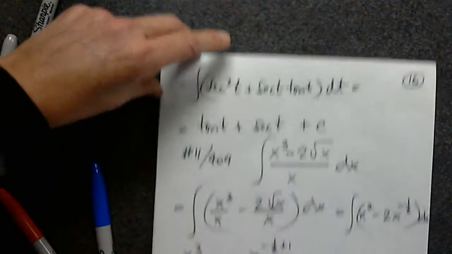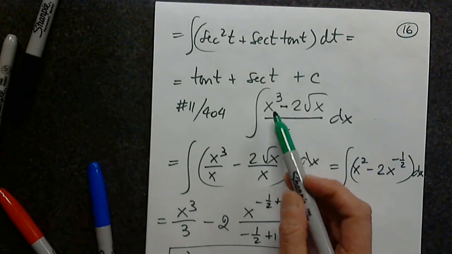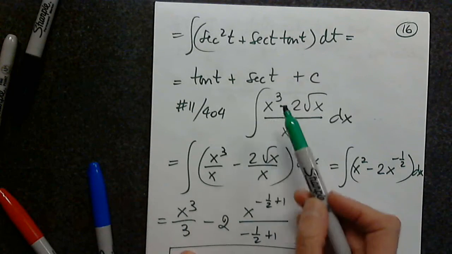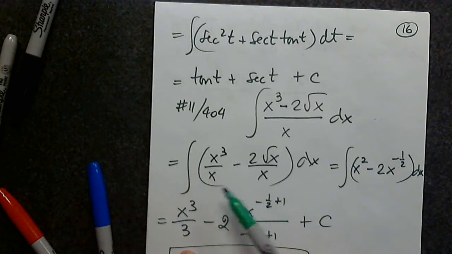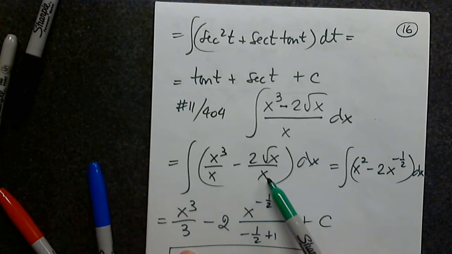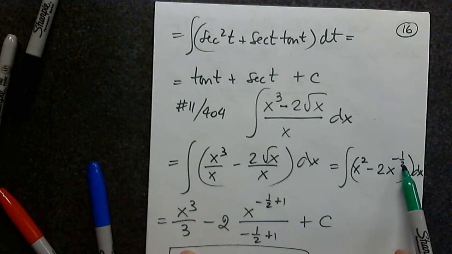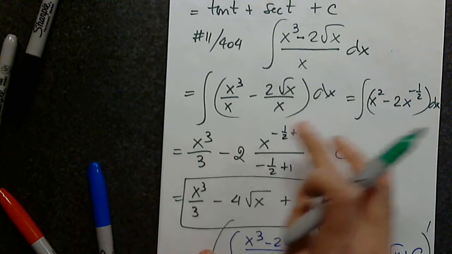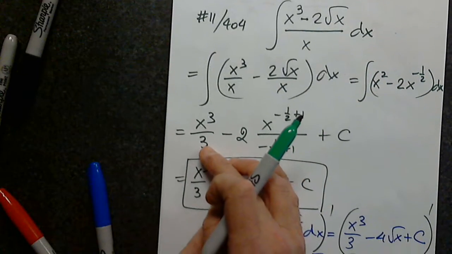Okay, so let's go back. So I had x cubed minus 2 the square root of x over x, and I split it into 2 fractions. X to the 3rd over x, that gave us x squared, and negative 2 the square root of x over x, which gave us negative 2x to negative 1/2. That's okay. I'd rather go back and check. You may see something that I don't. So now, the function whose derivative is x squared is x cubed over 3.